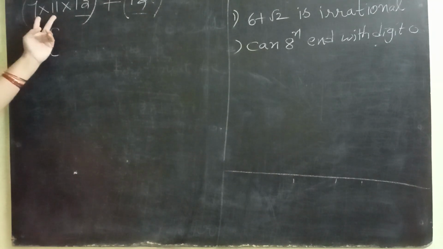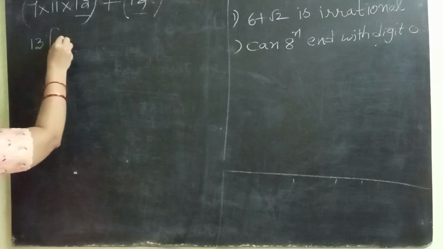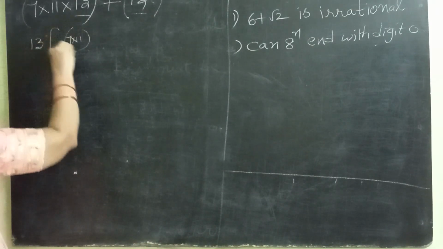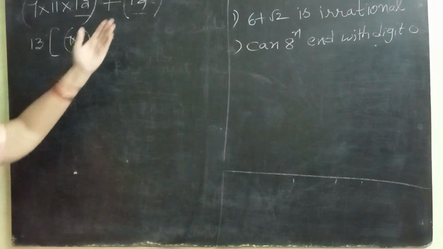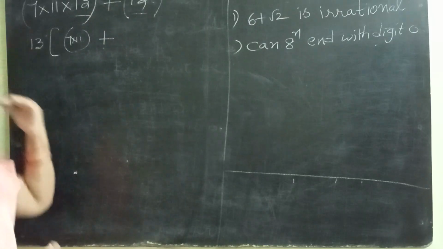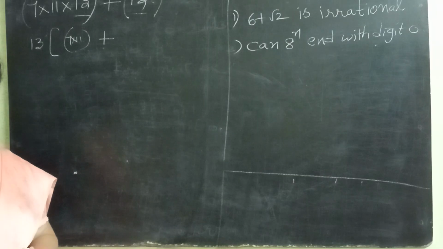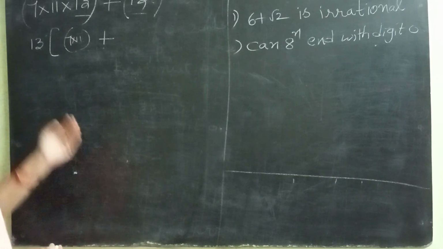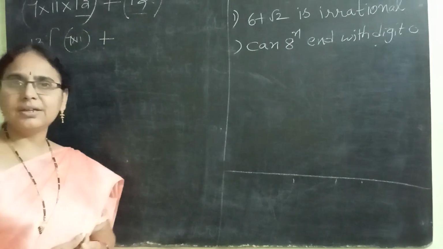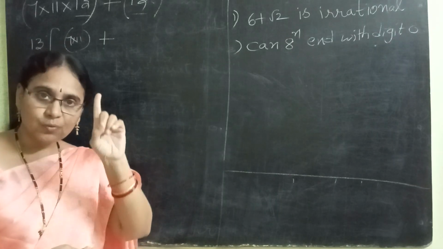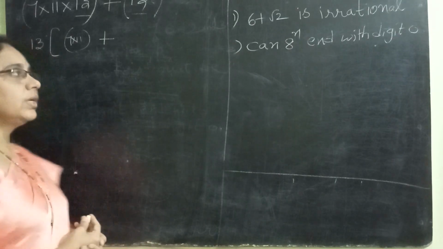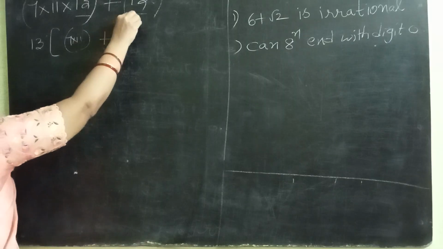What is left in the first bracket? 7 into 11, plus, since 13 as a common factor we wrote outside, what can I write here? Can I write 0? No. How many times 13 do you get 13? 13 ones are 13. So you have to write 1 here.